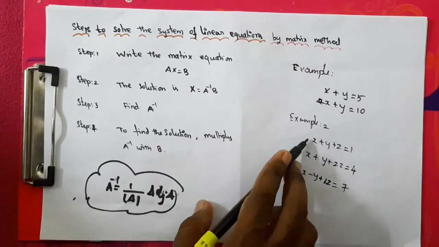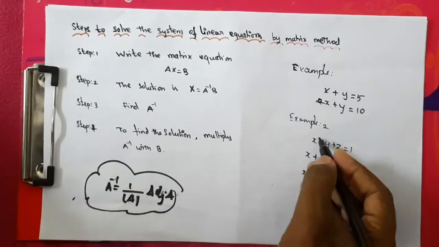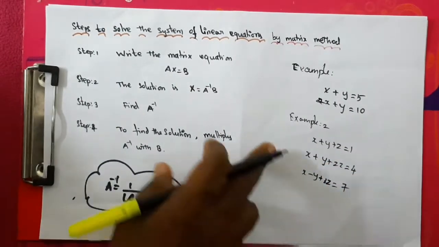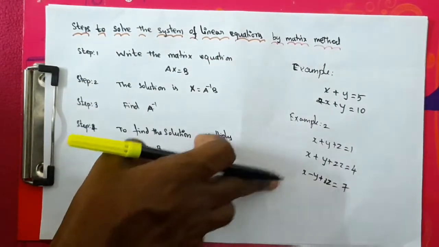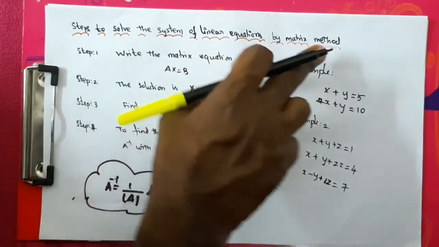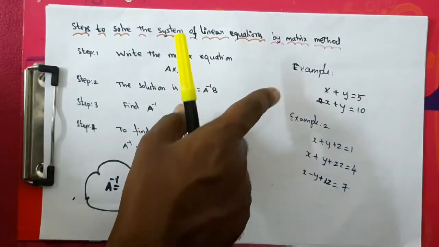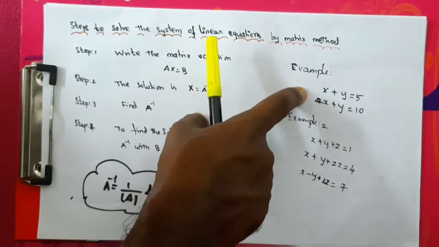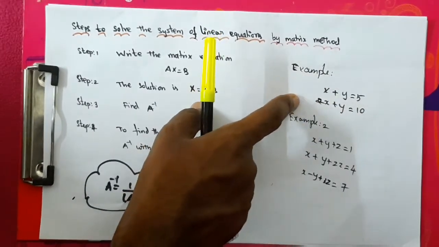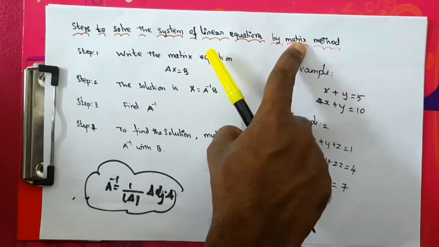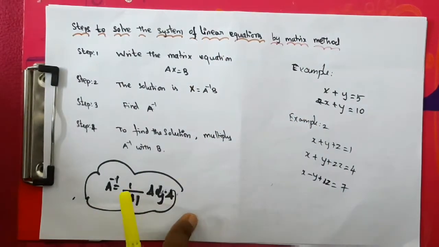In each equation you can see the variables all have power 1. So it is a linear equation in 3 variables. These 2 types can be solved by the matrix method. Usually in 10th standard what we have learned is to solve it by the elimination method, but now we are going to solve it using the concept of matrices, so it is called the matrix method. This is the topic we are going to learn.